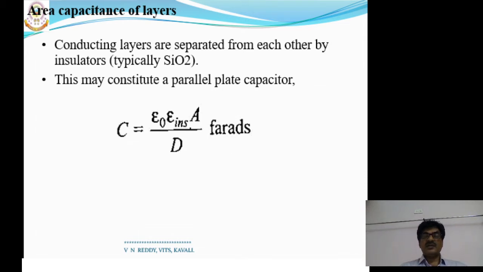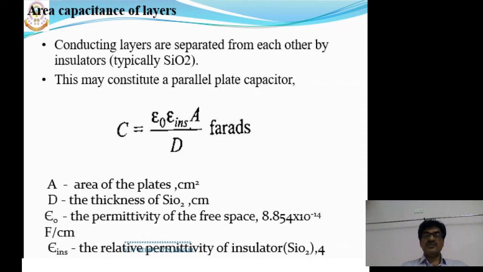And already you know the parallel plate capacitance general formula is C equal to epsilon A by D farads. Now apply this capacitance formula to our MOS layers which are separated by silicon dioxide layer, so that you can get the capacitance value.